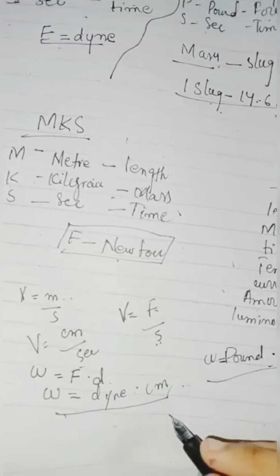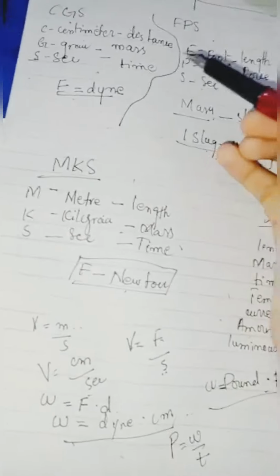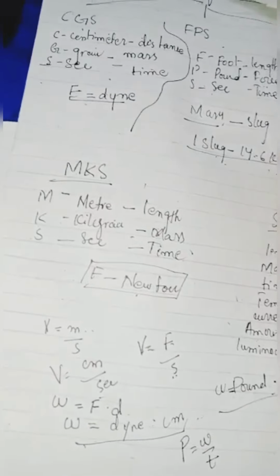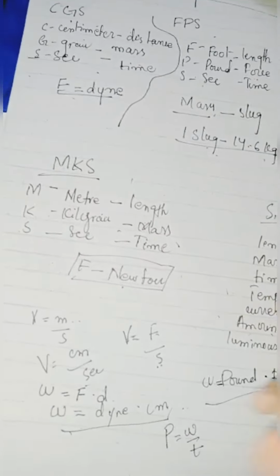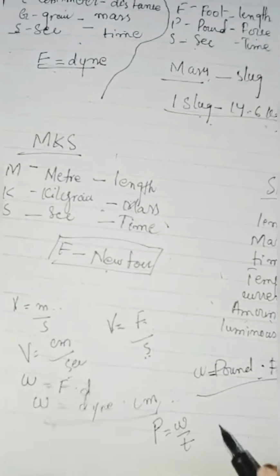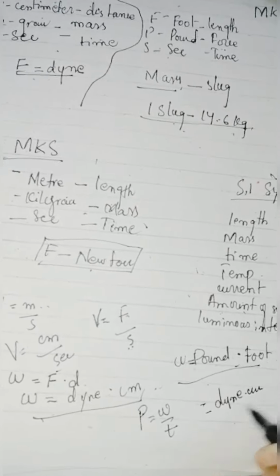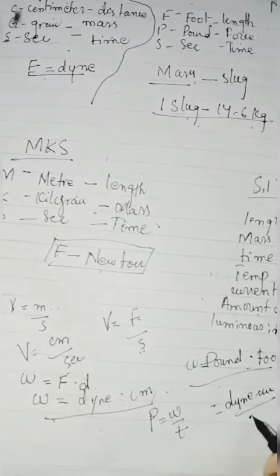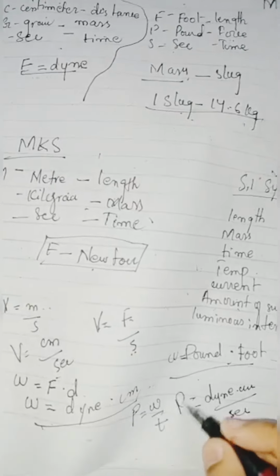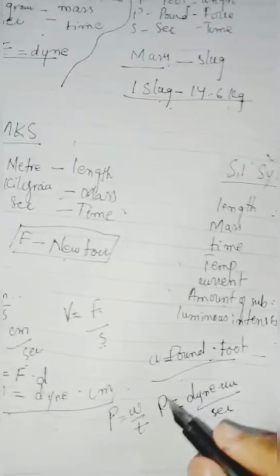Let's take another example, power. What is the formula of power? Work upon time. In CGS system, the work is dyne into centimeter, and the unit of time is second, so the unit of power in CGS system is dyne into centimeter upon second. In FPS system, power is equal to work upon time.